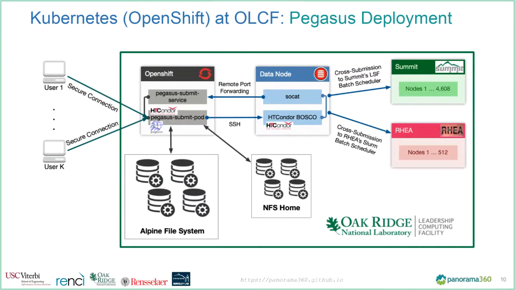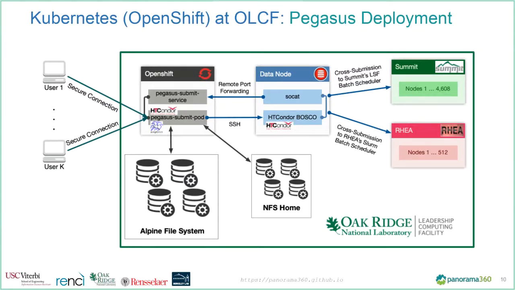A user connects to the OpenShift cluster and can spawn services there based on the images that they have built. Within the OpenShift cluster, what we do for Pegasus is spawn a container having both Pegasus and HTCondor, because HTCondor is a dependency for Pegasus.